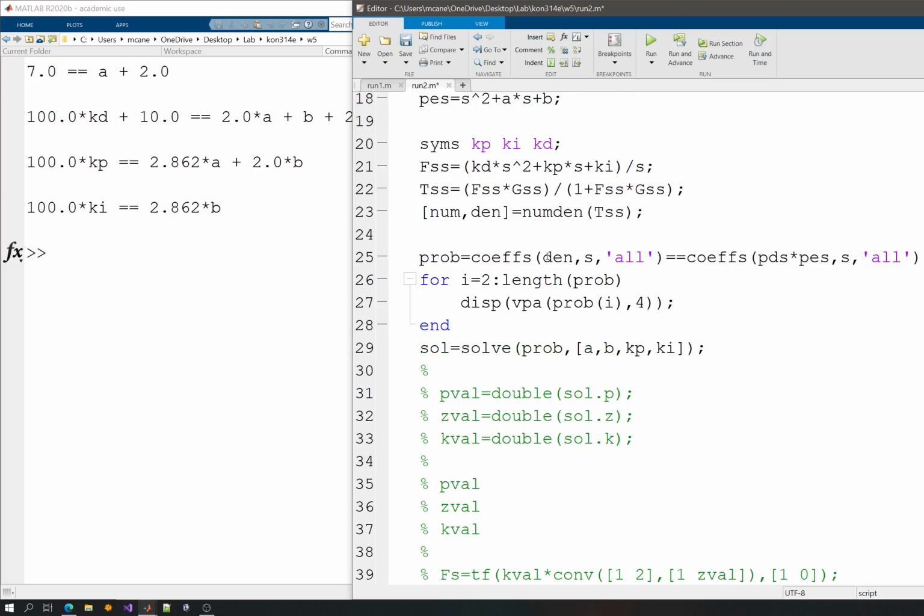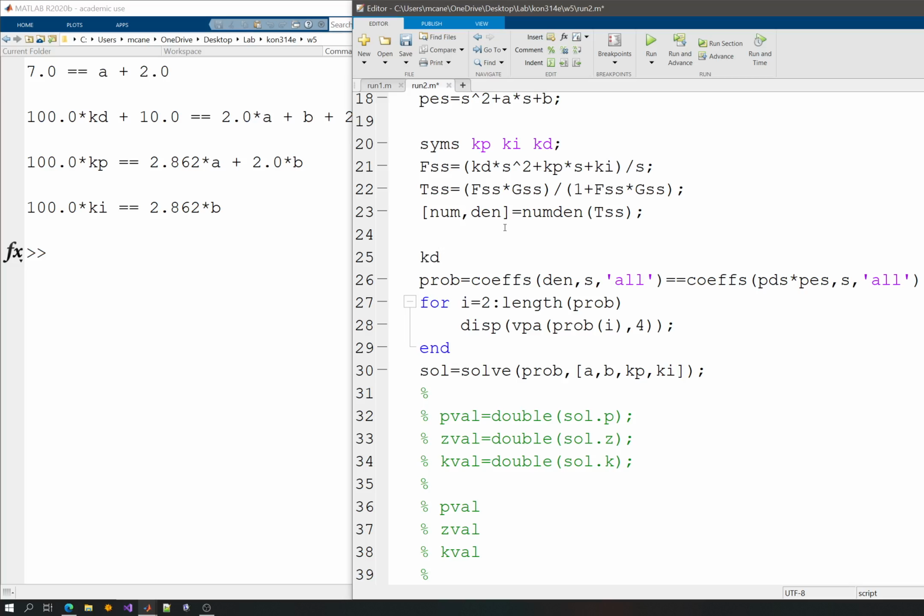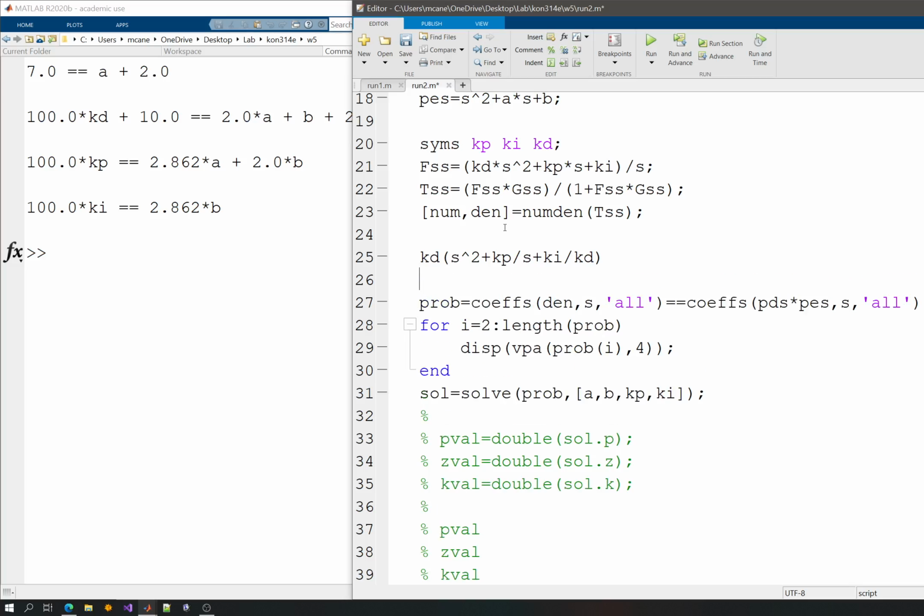So if you look at the controller, if KD is a free parameter, you can use this KD and factor it out, and you will see that s squared plus KP divided by KD s plus KI divided by KD will give me the numerator of the controller.